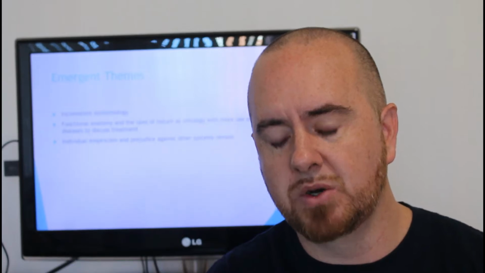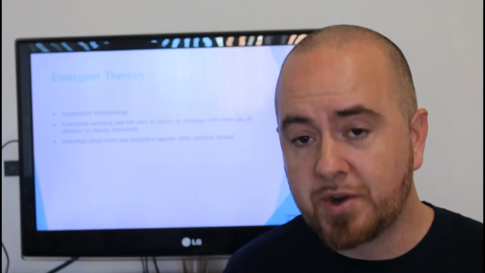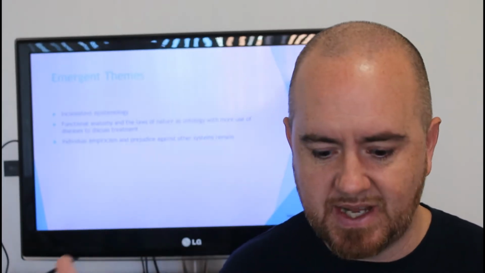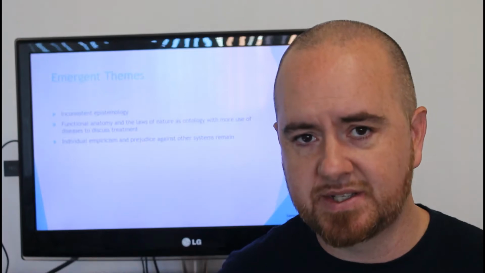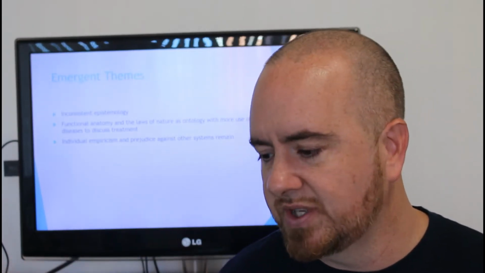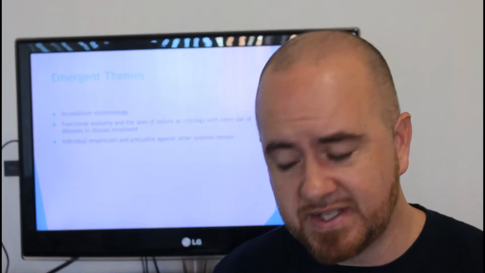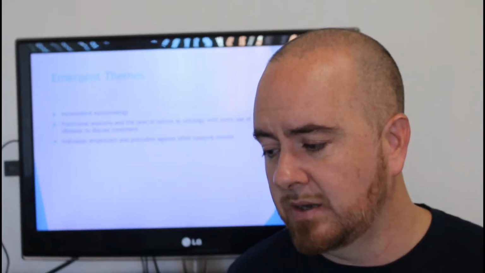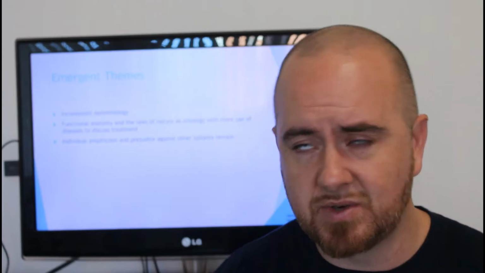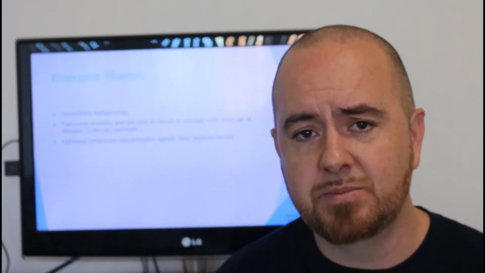The other category is diseases. So we're starting to see the theme of using both functional anatomy as an expression of the laws of nature, as well as more use of diseases as predefined to discuss functional anatomy and to discuss how you would treat something. And the other consistent theme, individual empiricism and prejudice against other pre-existing healthcare practices or professions, does seem to remain.